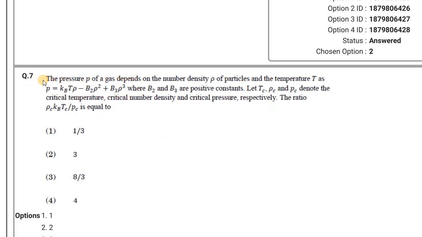If you have really done van der Waals gas at some point in your life, then you could have done this also. So what did you do in van der Waals?